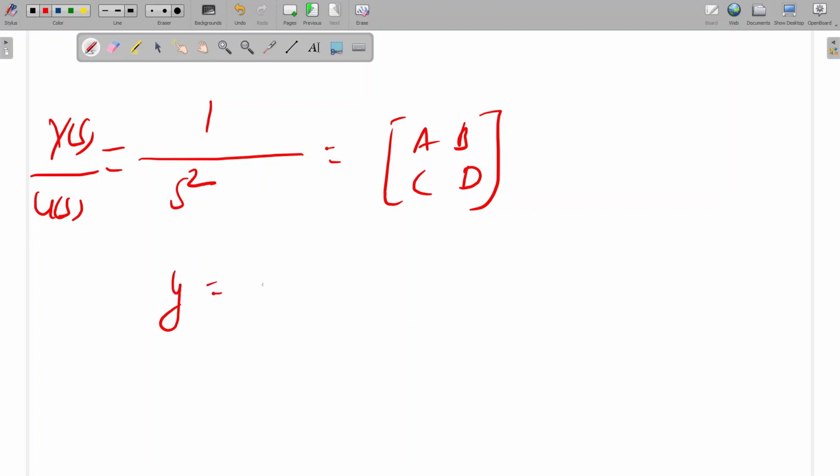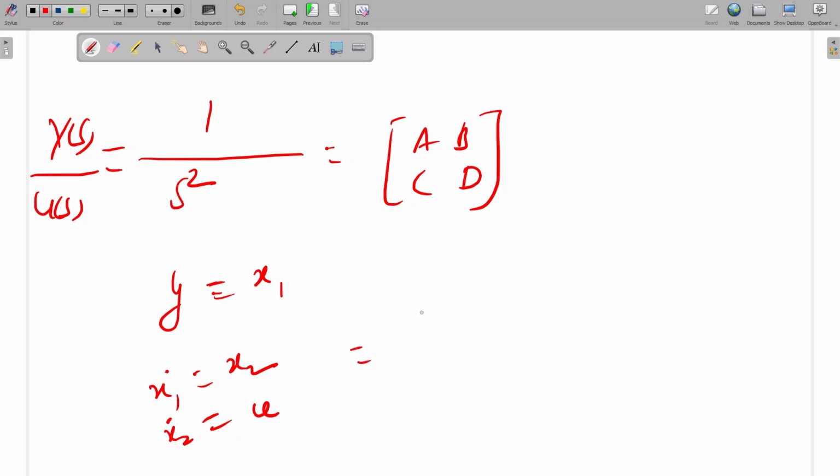So y is equal to x1. Okay, I'm writing the normal matrix. Y is equal to x1, and x1 dot is equal to x2, and x2 dot is equal to u. Correct?